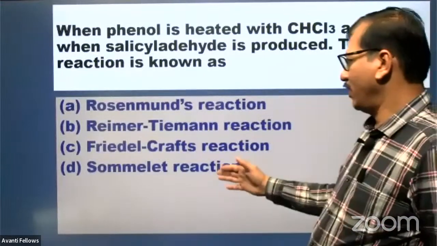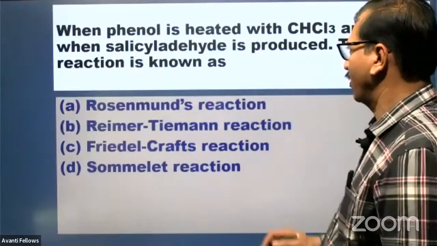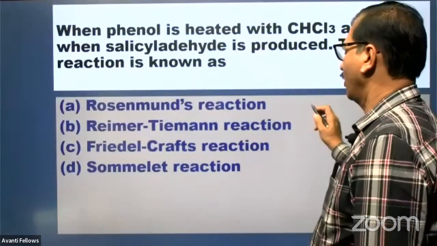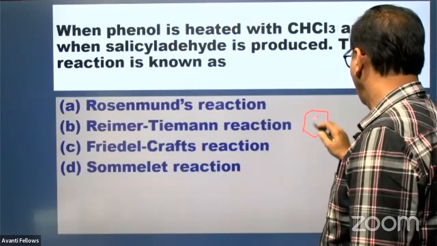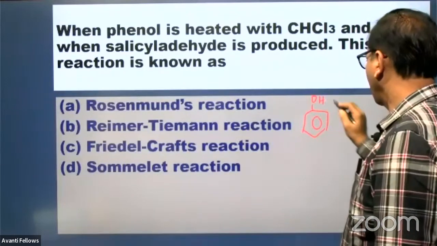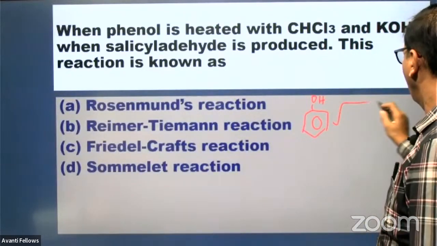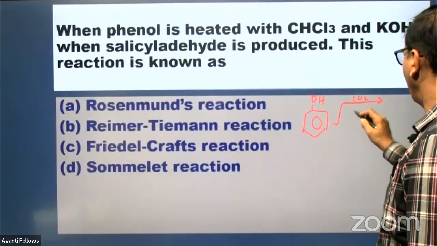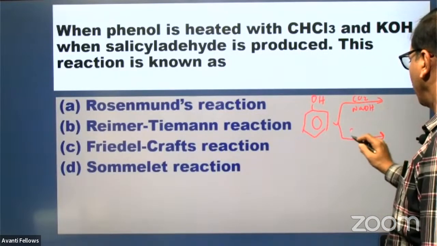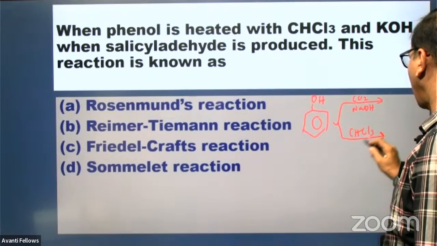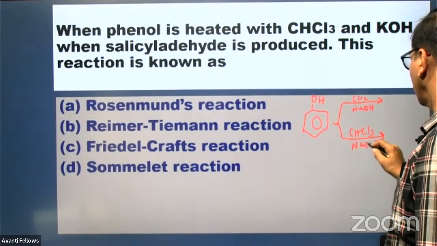Option D does not come to your class at all. So remember, there are two things you have to immediately remember: phenol with CO2 and NaOH, and phenol with CHCl3 and NaOH.